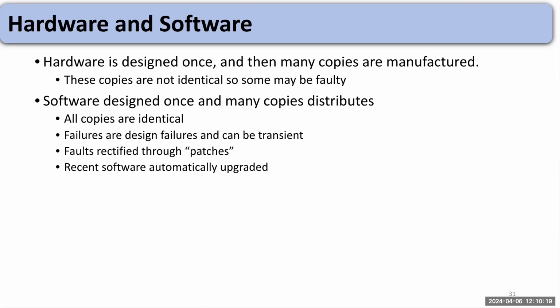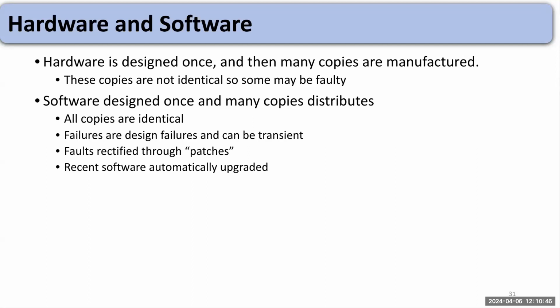Failures are design failures and can be transient. The old failures, if one copy has some failure, every other copy also has the same failure. So most companies use patches.